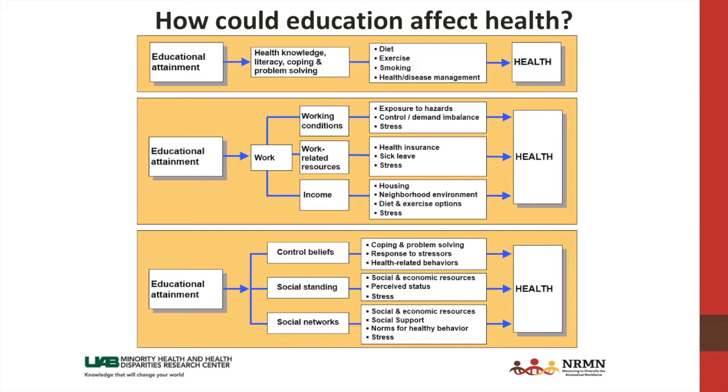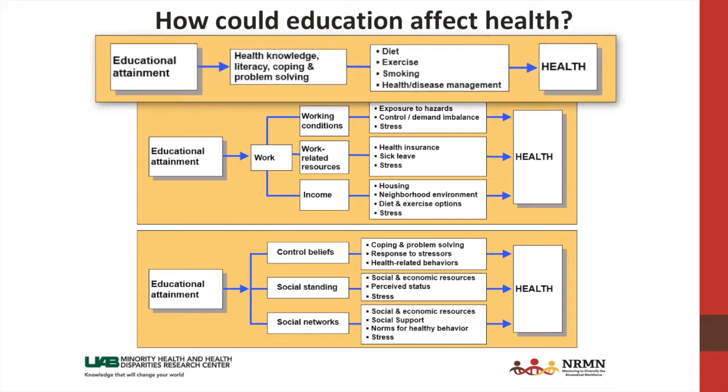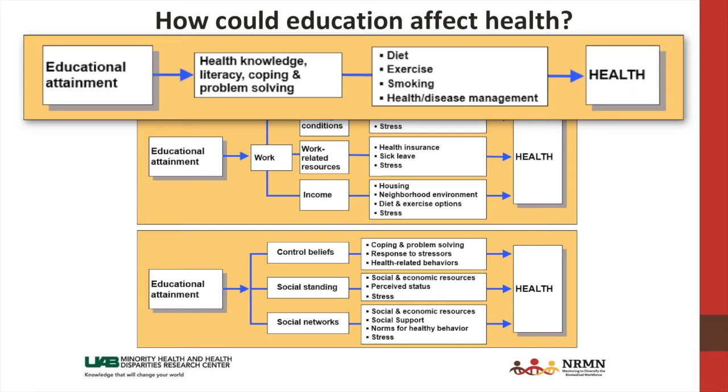So we can look at education and how education attainment can impact health knowledge, literacy, coping, and problem solving, that could impact the choices of the kind of diet, exercise, or habits of smoking that an individual would be choosing that can impact health.